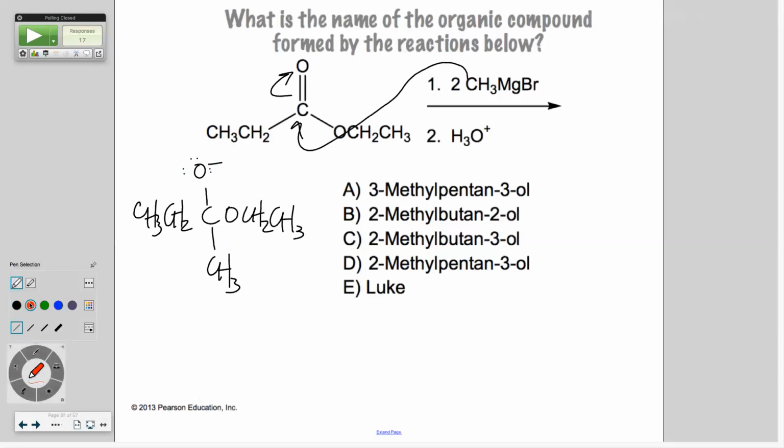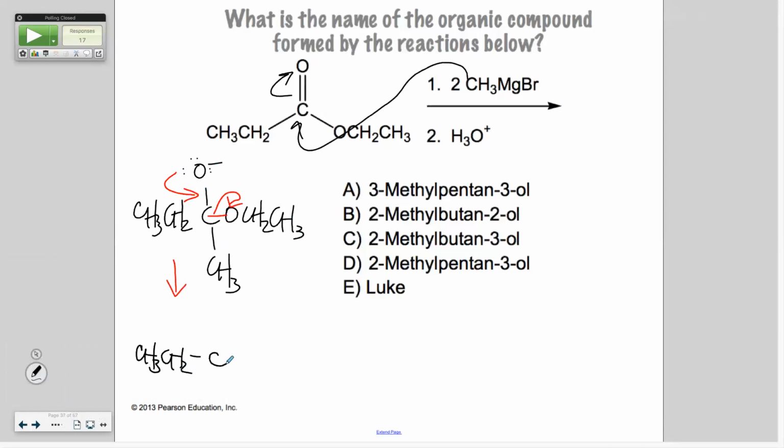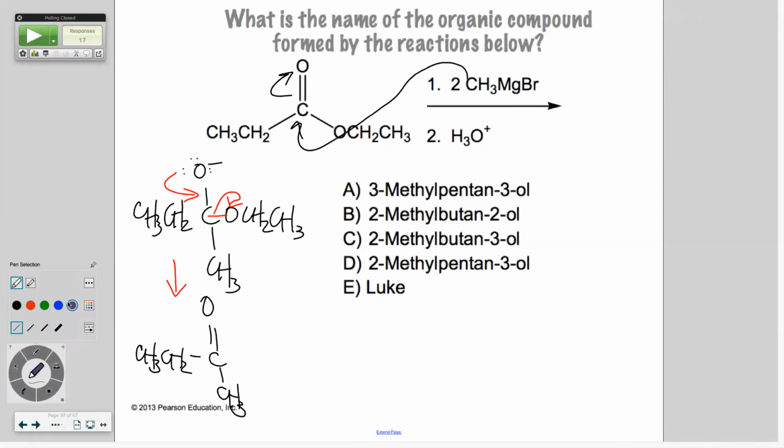And you form a ketone. Okay, that's electrons in that bond. All right, so now it looks like this on your papers. I'm just saying, I've seen it. Okay, so notice that we made a ketone. So now what happens?